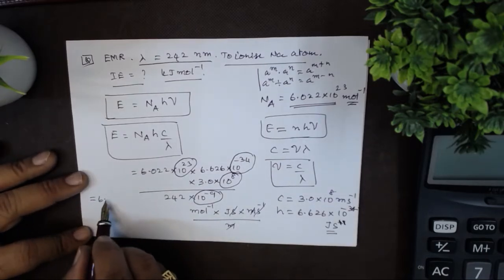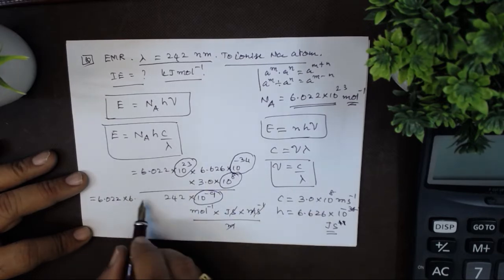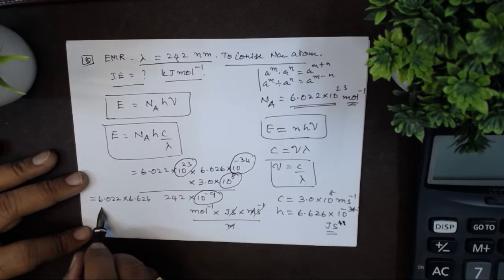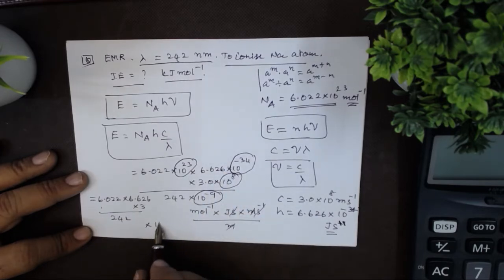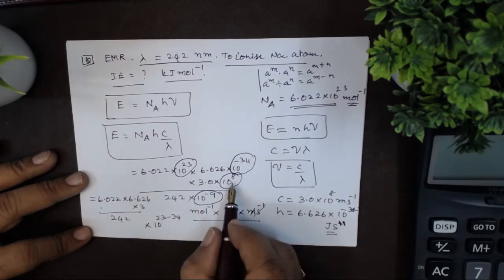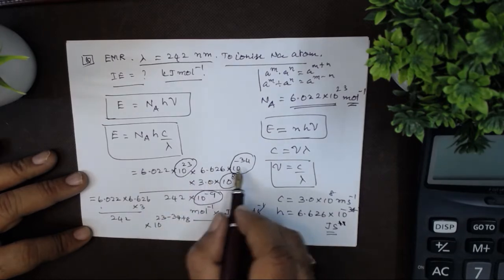So the other values are 6.022 into 6.626 into 3 divided by 242. Let me work out the 10 power terms separately. 10 power 23 minus 34 plus 8. Why? Because a power m into a power n is a power m plus n.